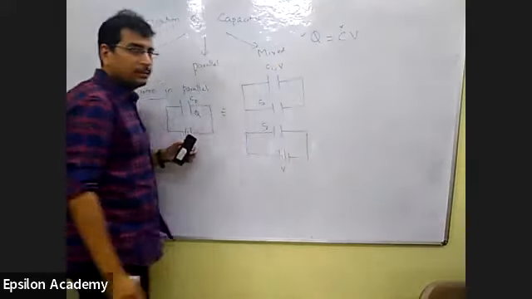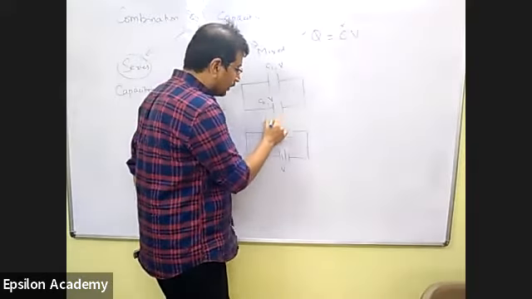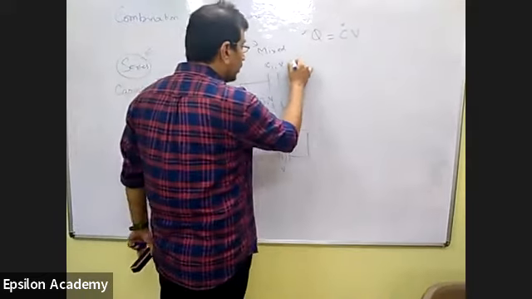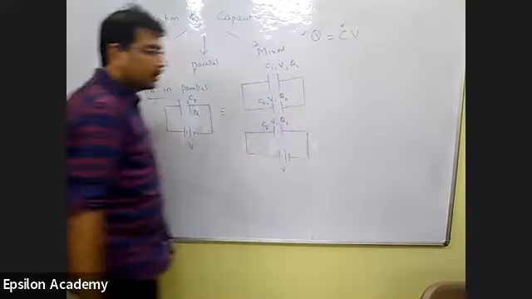The potential here will be V, and the potential here will be the same V. Here also it will be the same V. But what about the charges? Q1, here it will be Q2, here it will be Q3. Accepted?